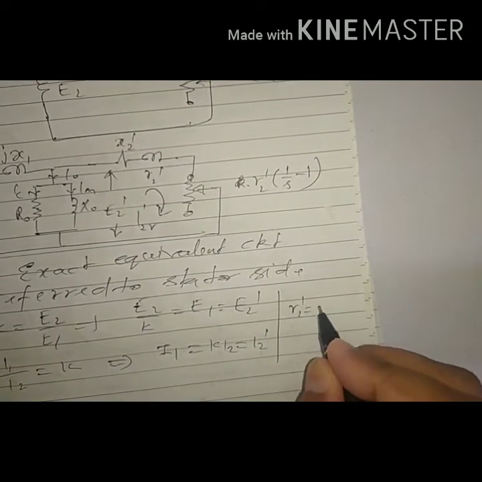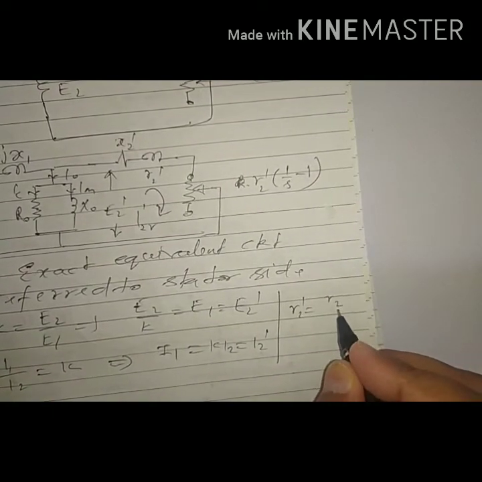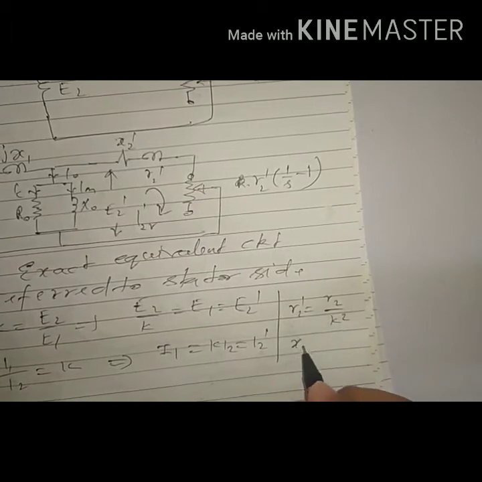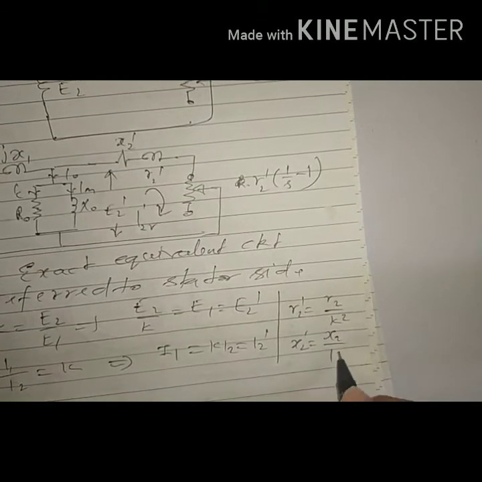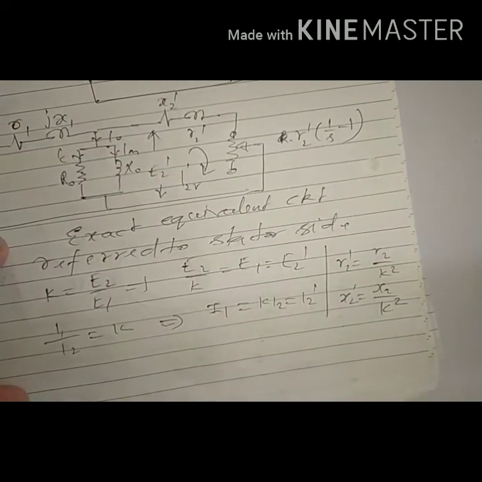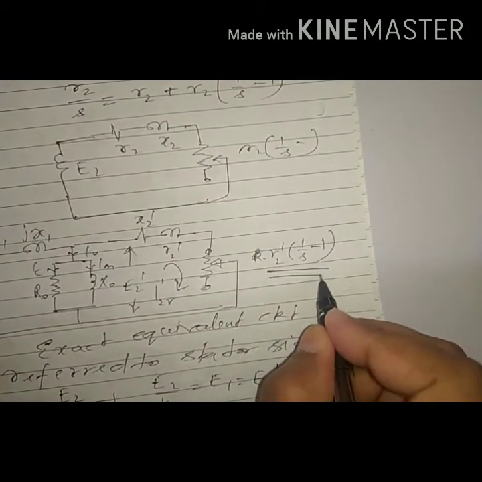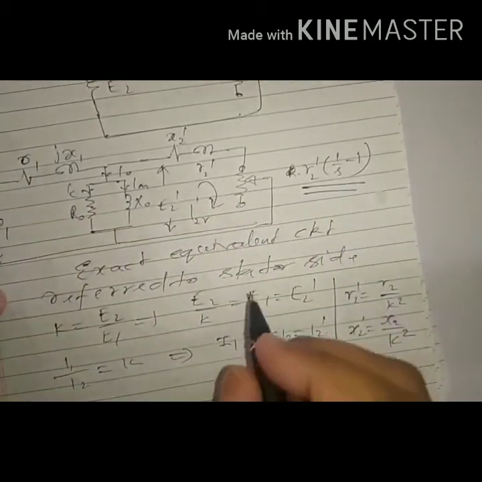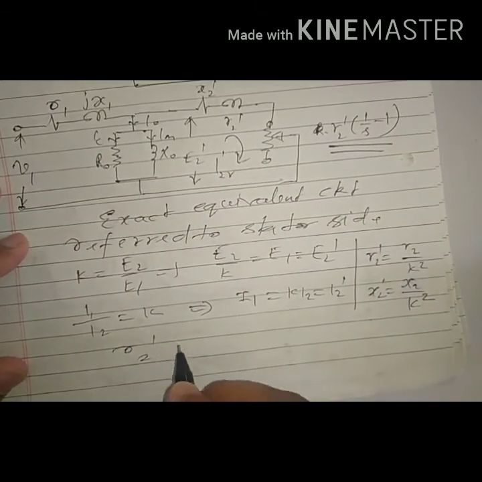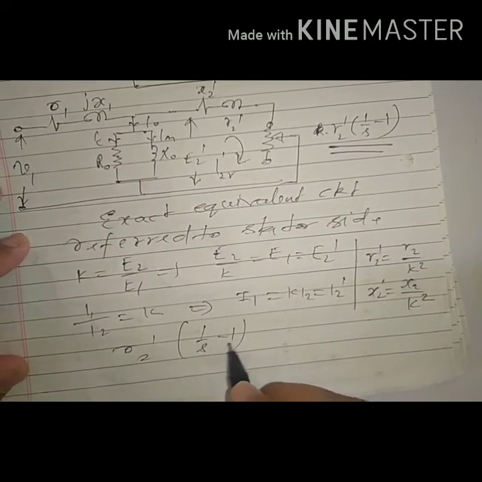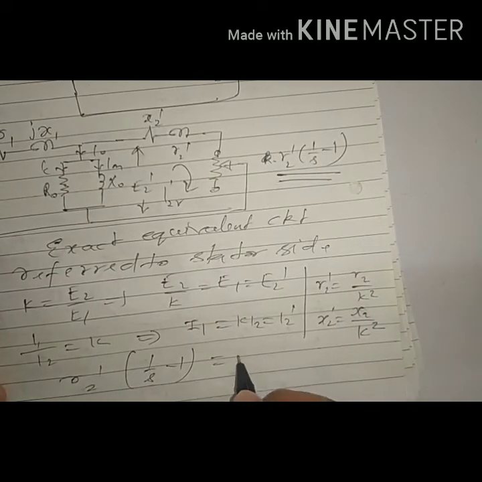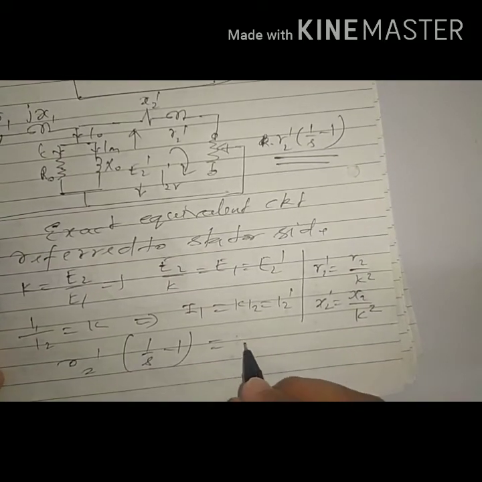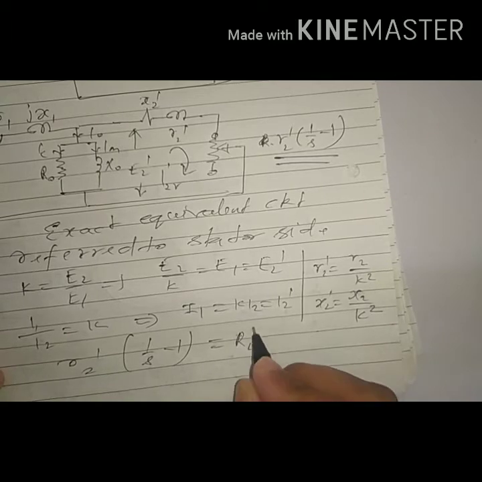Likewise, we can transfer all values. We know R2 dash will be R2 by K square, X2 dash will be X2 by K square, and this resistance is known as R2 dash (1 by S minus 1), which is nothing but the load resistance RL dash.